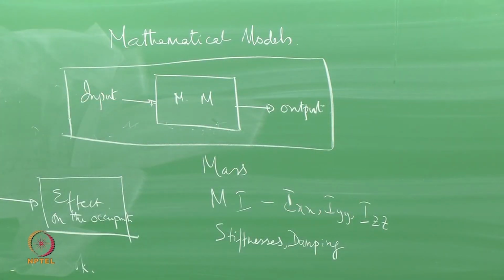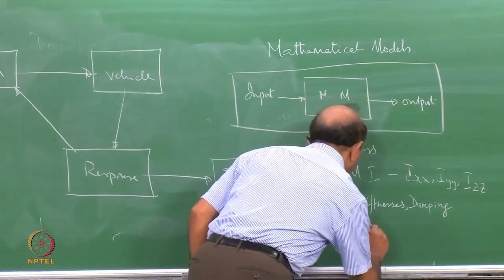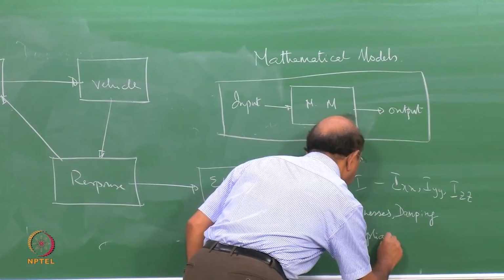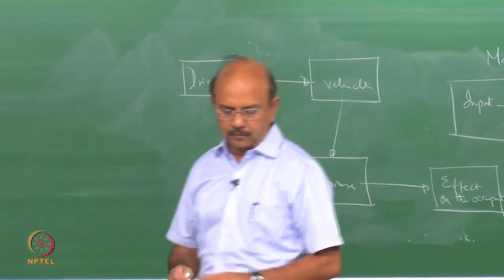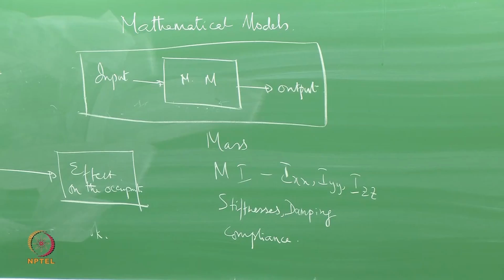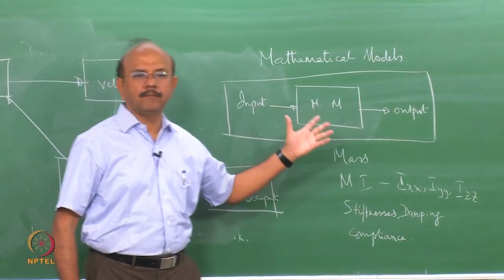The other things which enter into the model are compliances, just the opposite of the stiffnesses. And there are going to be very special terms which may also be used here, and we will introduce them as we go along.